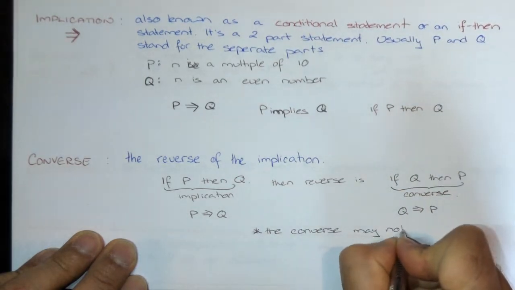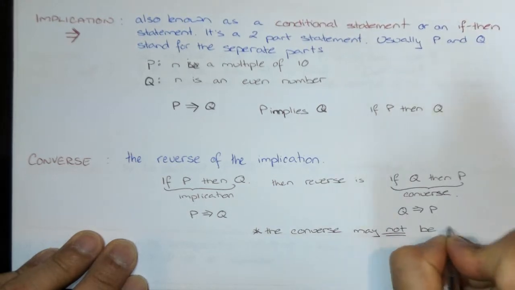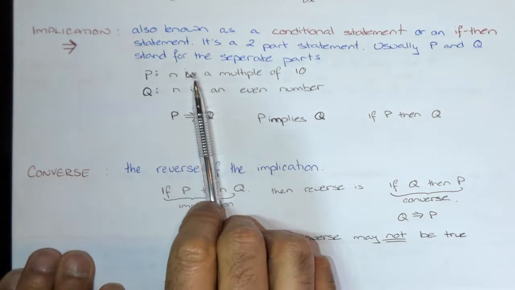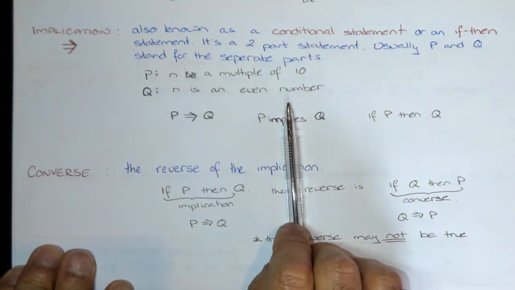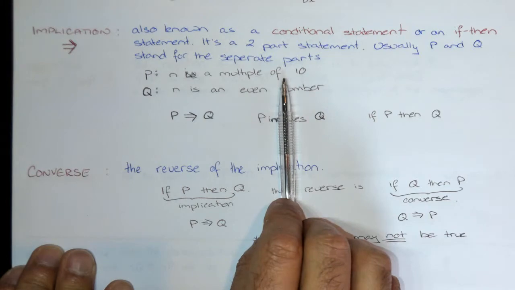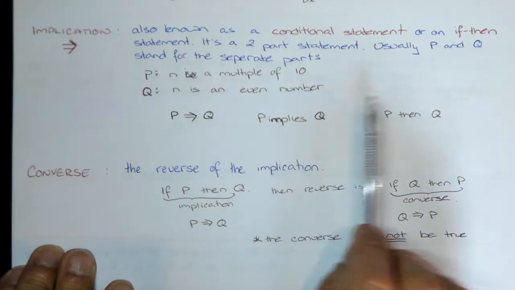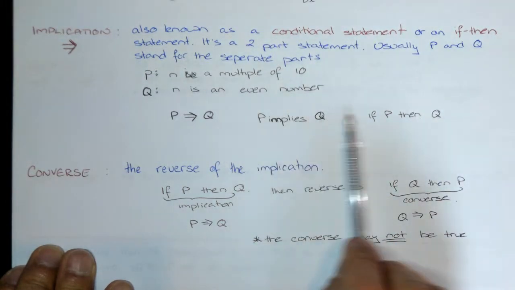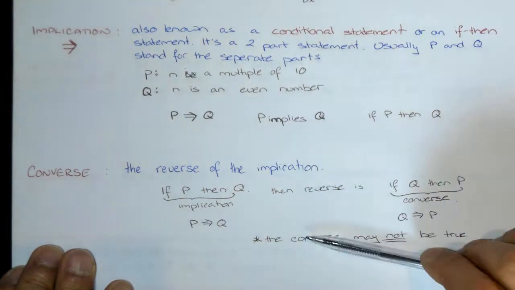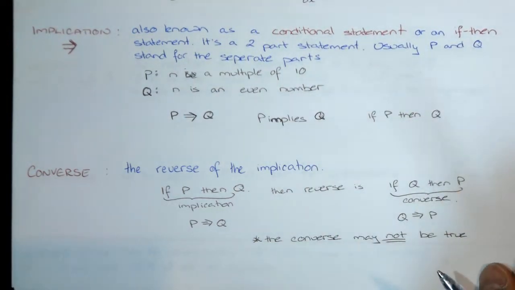If we take our example, a number which is a multiple of 10 implies it's an even number. But if I take its converse, if it's an even number, it doesn't necessarily mean it's a multiple of 10, because even numbers include 2, 4, 6, 8. They're all even numbers, but they're definitely not multiples of 10. So the converse may not be true.